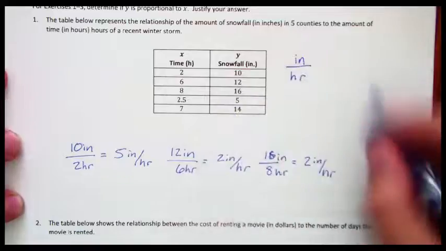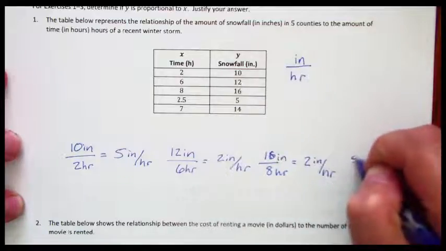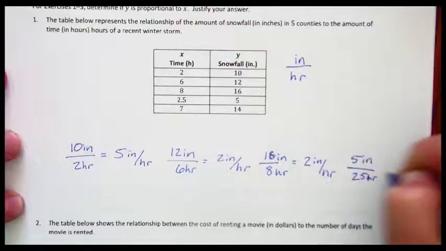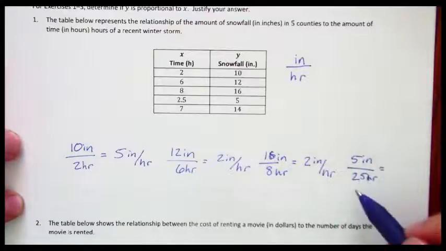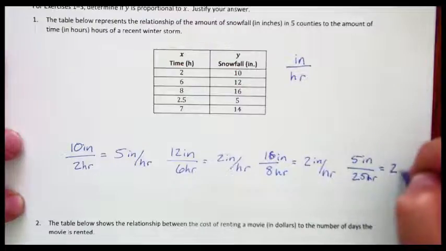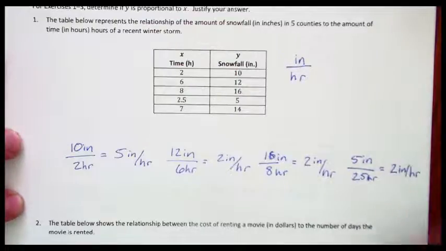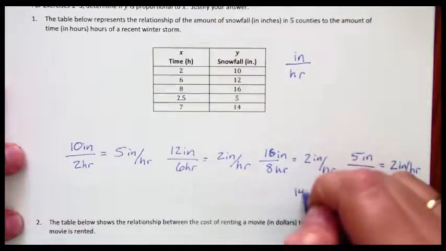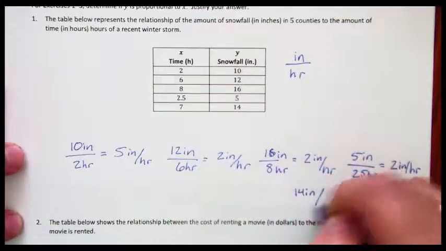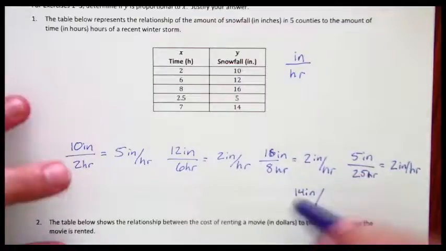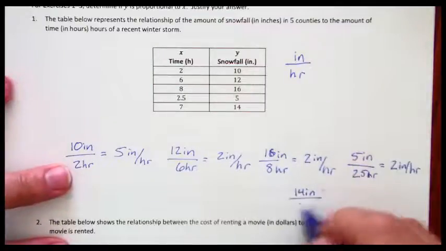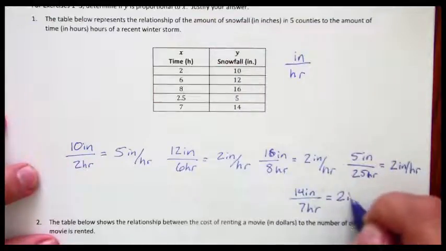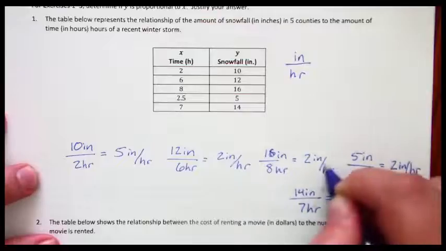Our fourth county had 5 inches in 2.5 hours. If I divide 5 by 2.5, I get 2 inches per hour. And in our fifth county, we have 14 inches in 7 hours. 14 divided by 7 is 2 inches per hour.